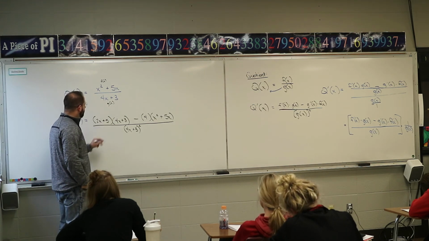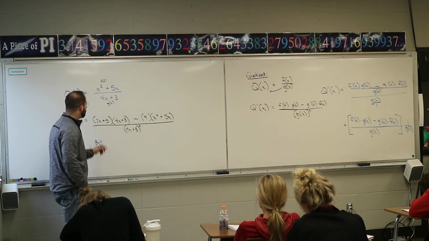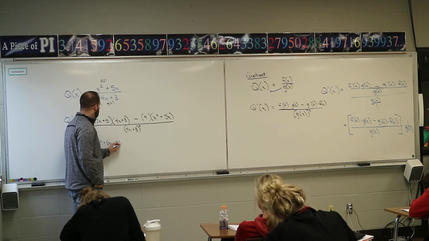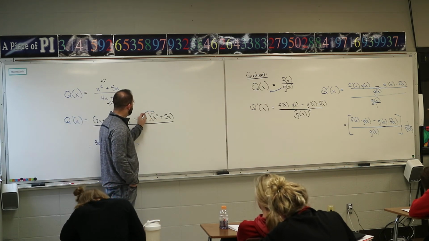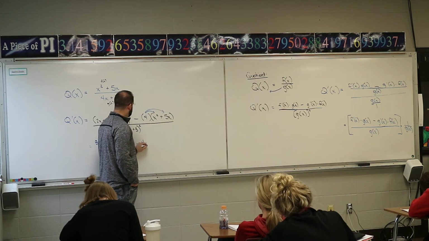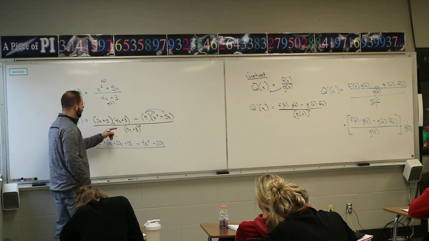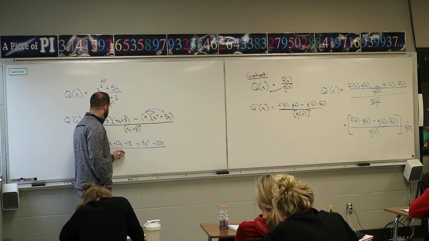But again, multiplying this all out, that's 8x squared. Now I'm just going to go a couple steps just so you can see the final answer. 8x squared plus 6x plus 20x plus 15. We're going to subtract; I'm going to distribute the 4. That's 4x squared minus 20x. All over, FOILing the bottom, because there are two parentheses: 16x squared plus 24x plus 9.